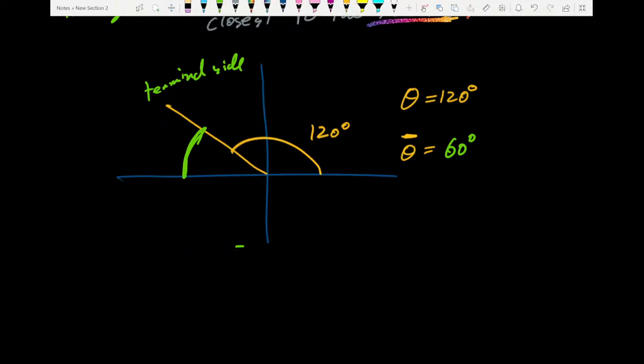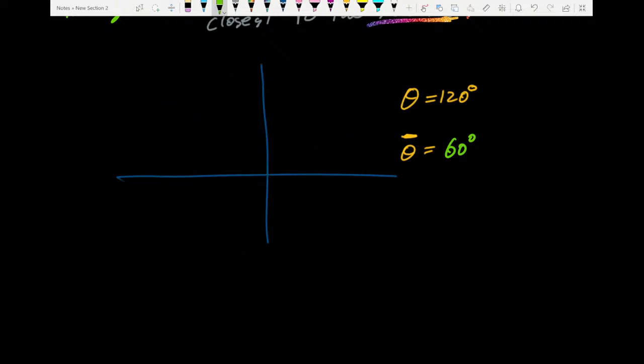Let's do another problem. That was kind of easy. Let's do 260 degrees. What would be the reference angle? Again, most of you are going to look at the y-axis.